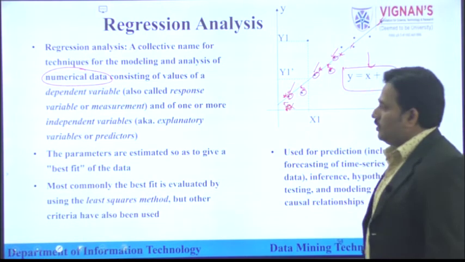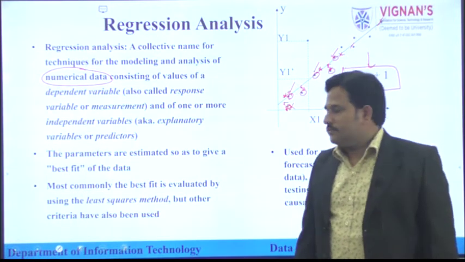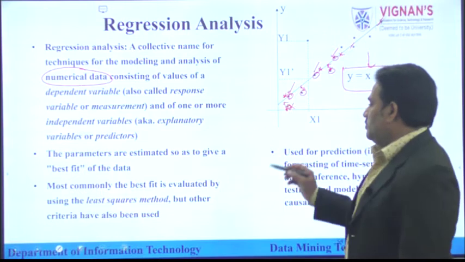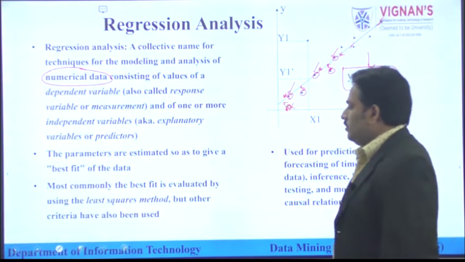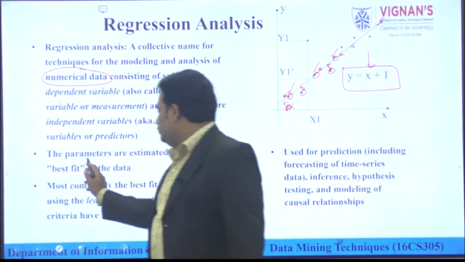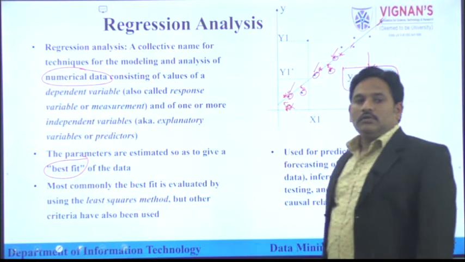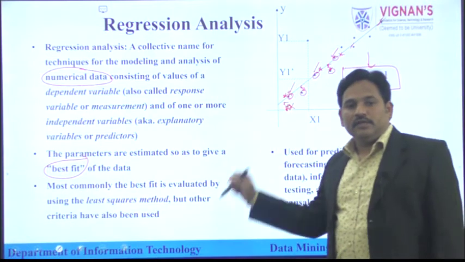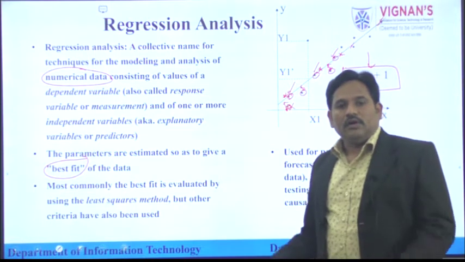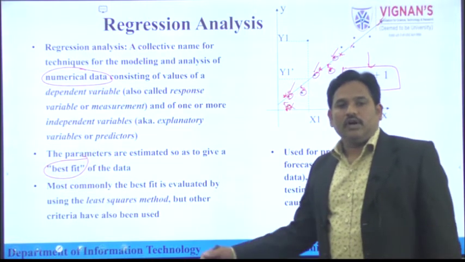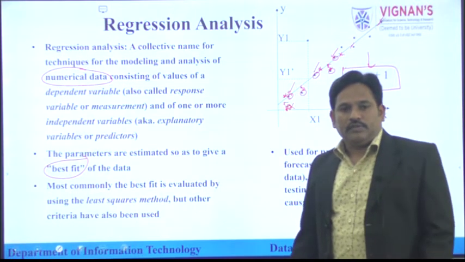In this aspect, we can try to reduce the attributes. This is the way the parameters are estimated to give the best fit of the data. Whichever values are closer to the straight line deployed in the linear regression will be taken as the best fit, and the values which are far away from the straight line we can call the worst fit.